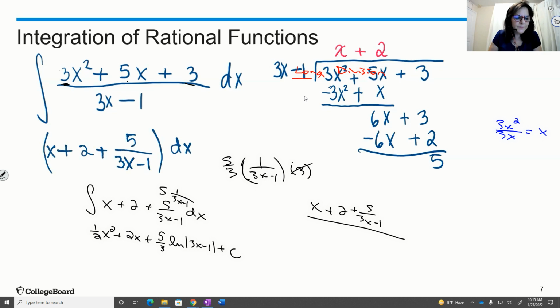So this 3 cancels with that third. We just need that 3 to counteract the derivative of this. So this is our answer here.